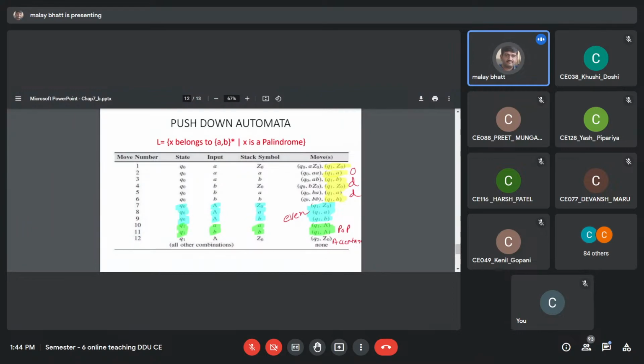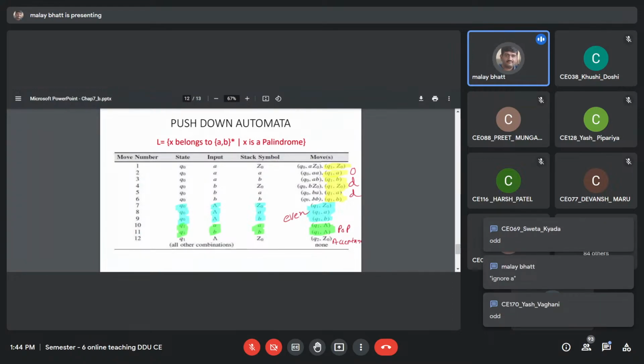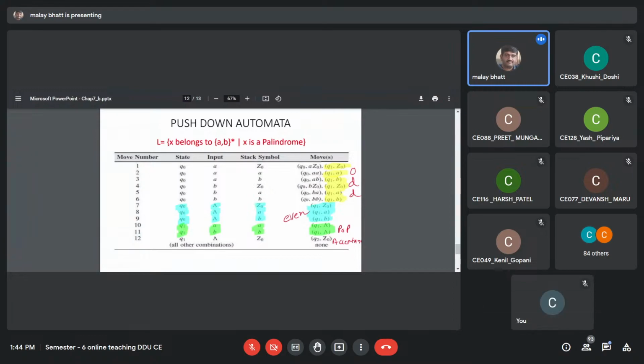Yes, ignore A rule. I am talking about ignore A. It is for odd length or even length? It is for odd length, because when it is odd length, we are assuming that A can be a middle symbol or B can be a middle symbol.